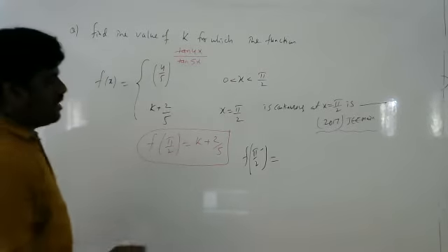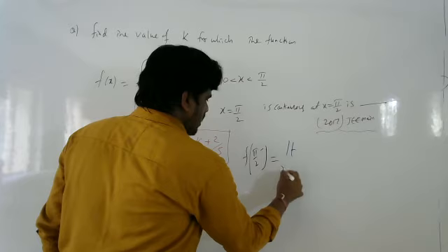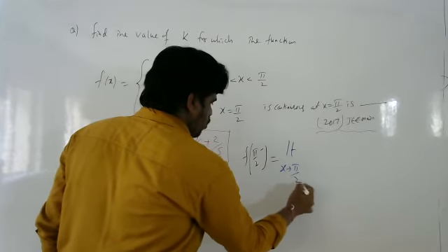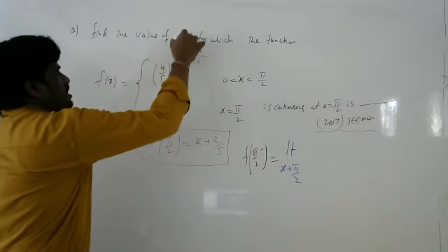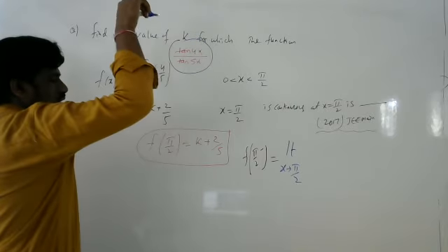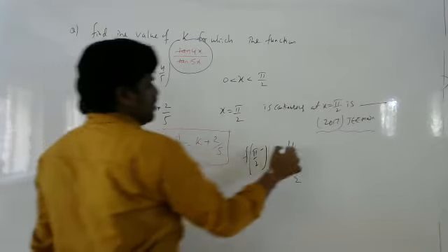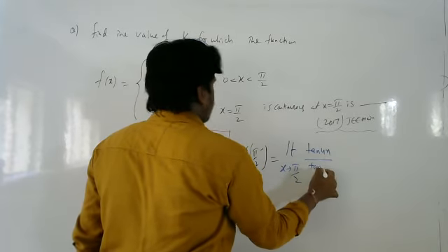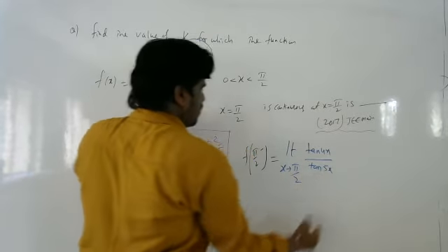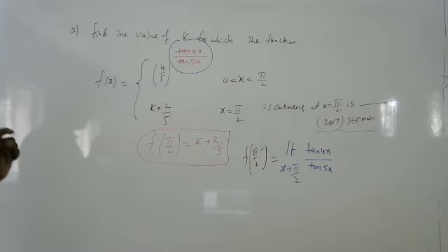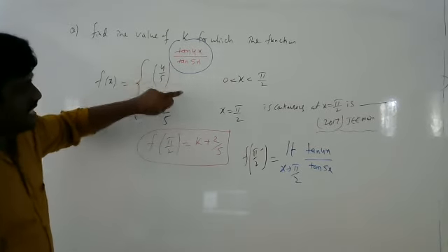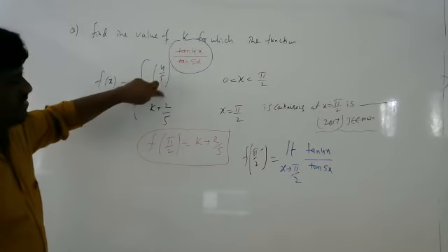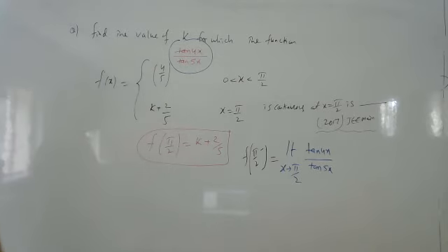So I take the limit as x tends to pi by 2 of only the power, the numerator, tan 4x by tan 5x, because if I have the base, I can take the limit to the power.